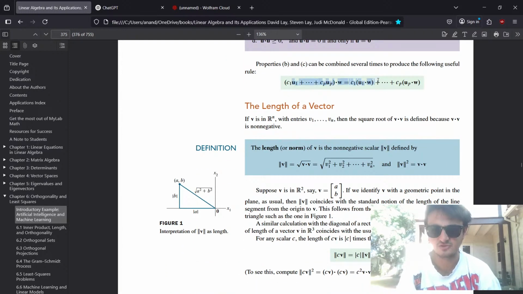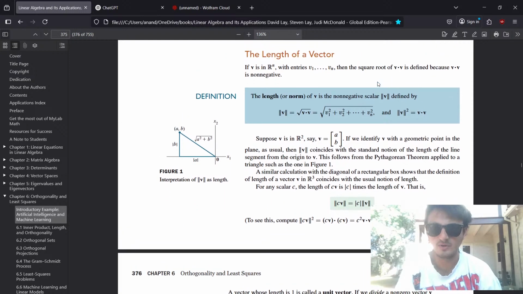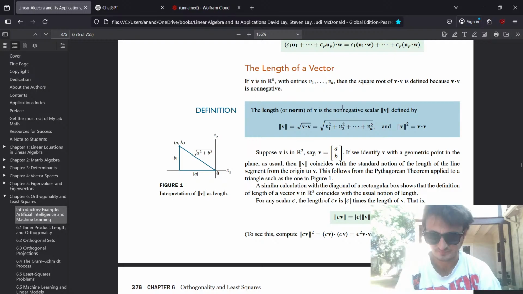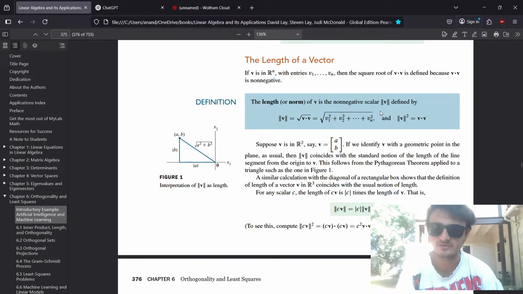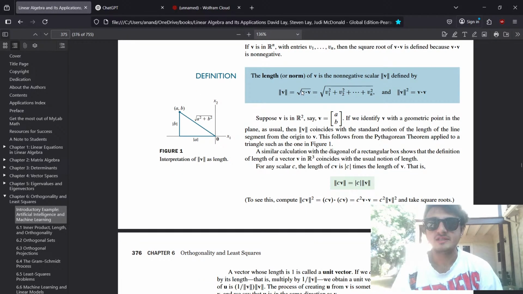Okay, so this is just another neat thing. So the length or norm of a vector V is defined by these two bars around it. It's like a double absolute value almost, but it's not. But it's the square root of the dot product with itself.